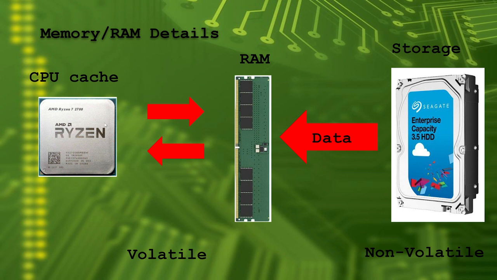Your CPU calls data from the RAM, which calls data from the storage. The RAM then holds this data for as long as the CPU needs it. The CPU will then call data from the RAM to process it. It will then use it and discard it, or use it and place it back on the RAM. And it does this by moving small amounts of data, megabytes or kilobytes of data, into the cache.